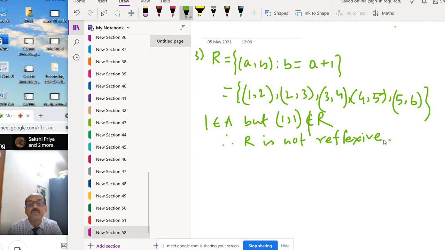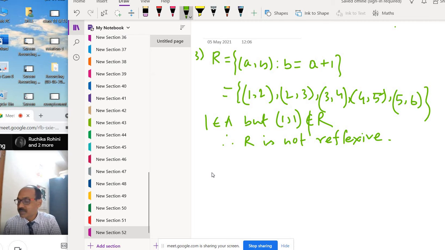Okay, clear? Why is R not reflexive? All of you understand? Yes. R is not reflexive because (1, 1) is not present in the given relation. The relation is (1, 2), (2, 3), (3, 4), (4, 5), (5, 6).